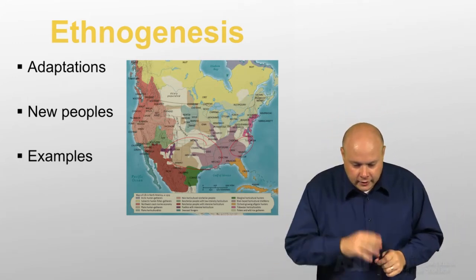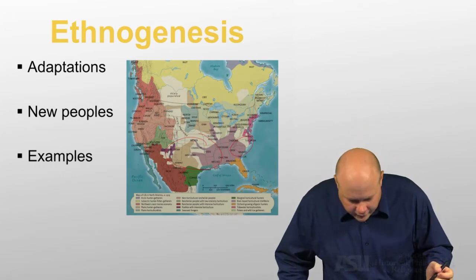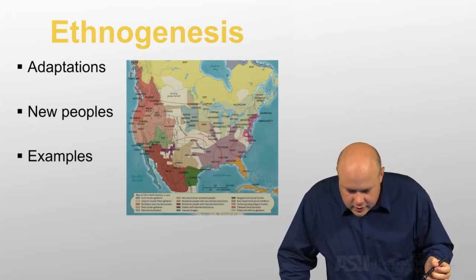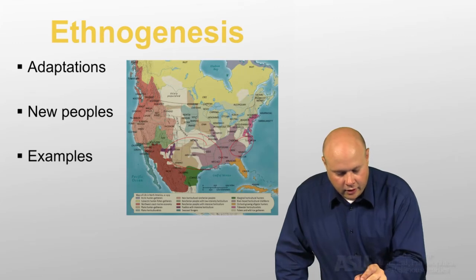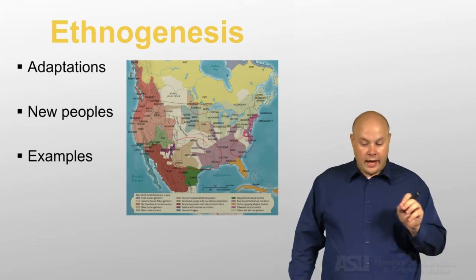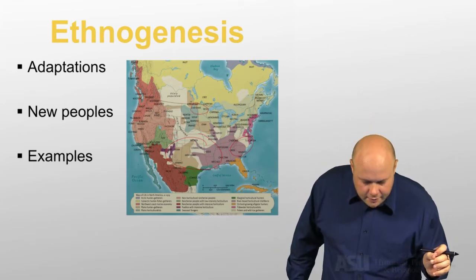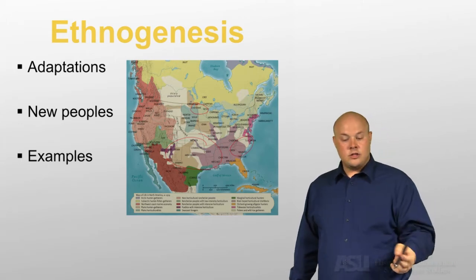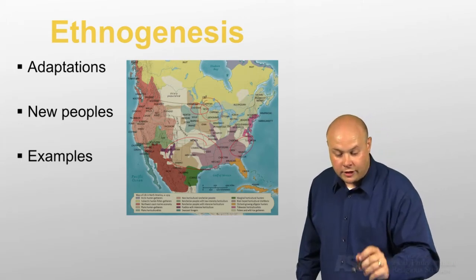In fact, let me see if I can find it. I actually don't see them on here, but here they are, the Cheyenne. This map is from 1515. So the Cheyenne live in the Great Lakes region.